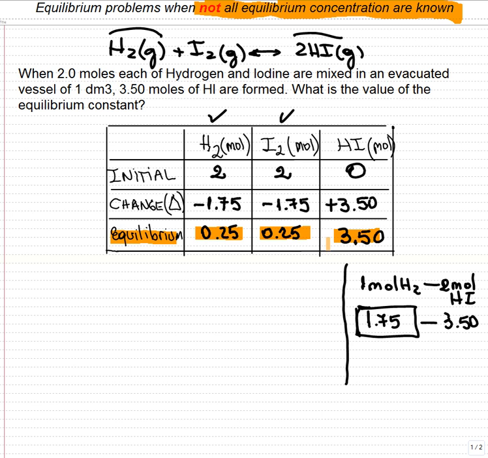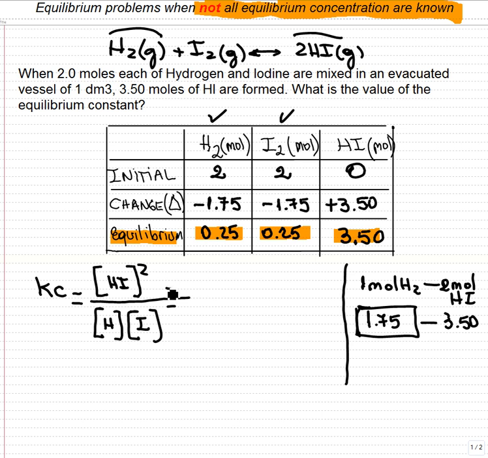Now, these that we have here are the concentrations in the equilibrium. So now we can apply the formula of the Kc. So Kc will be the concentration of hydrogen iodide to the second power divided by the concentration of hydrogen times the concentration of iodine.